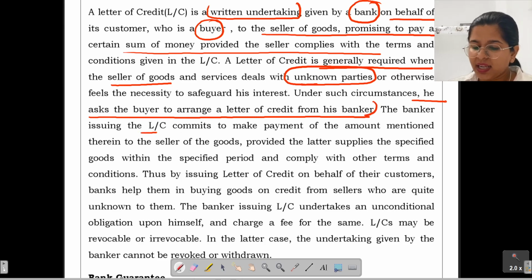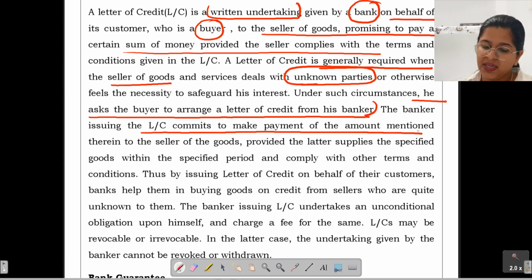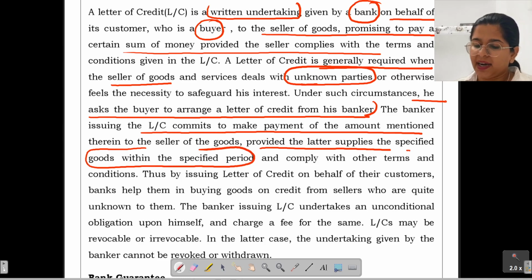The banker issuing the letter of credit commits to make the payment if the seller has supplied the goods within specified period and the seller has complied with other terms and conditions.